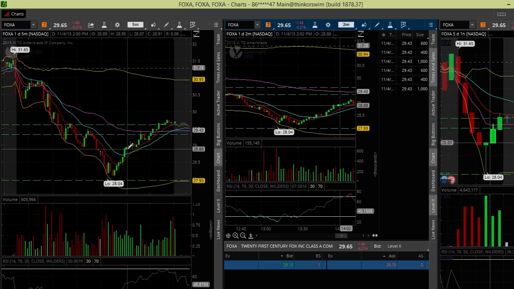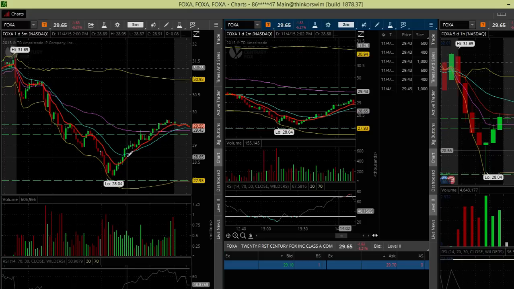My stop's usually going to be a close below the 9, but if it washes and it hits my $100 max loss, I'm out. So had I entered here on this candle, my risk reward wouldn't be right, because if I entered, I probably would have entered here at 28.90. The 9 was down here at 28.65.